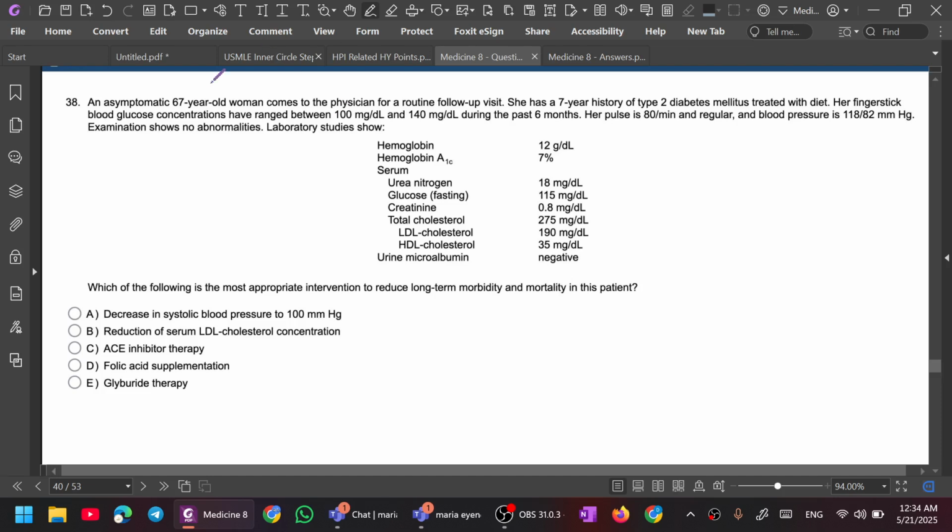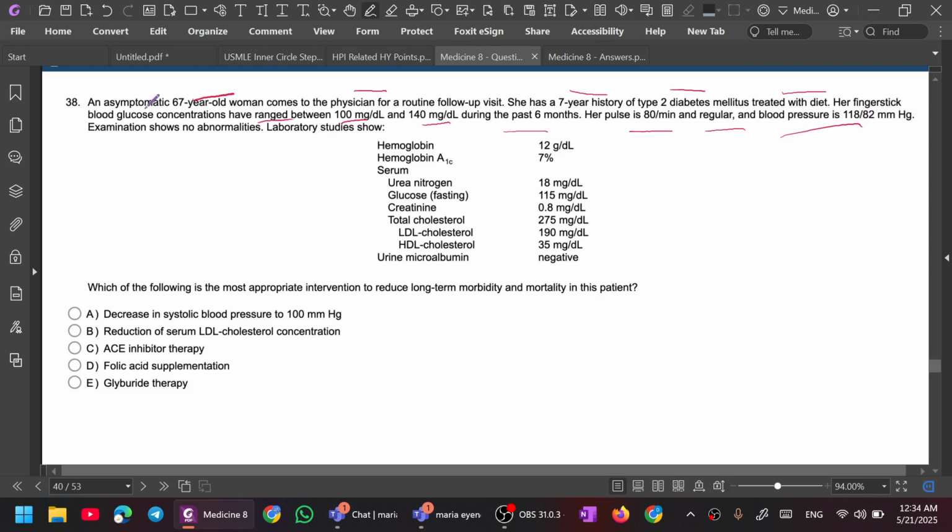An asymptomatic 67-year-old woman comes to the physician for a routine follow-up visit. She has a 7-year history of type 2 diabetes mellitus treated with diet. Her finger stick blood glucose concentrations have ranged from 100 to 140 milligrams per deciliter during the past 6 weeks. Her pulse is 80 per minute, regular.